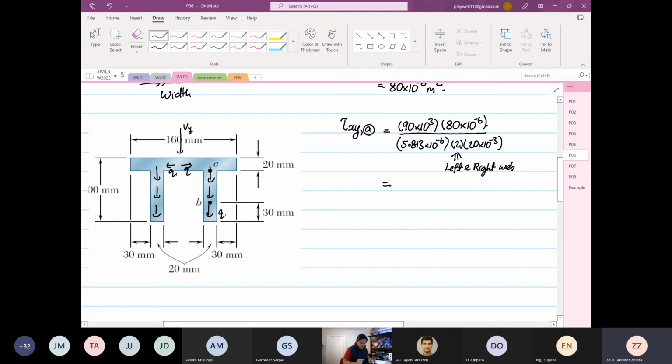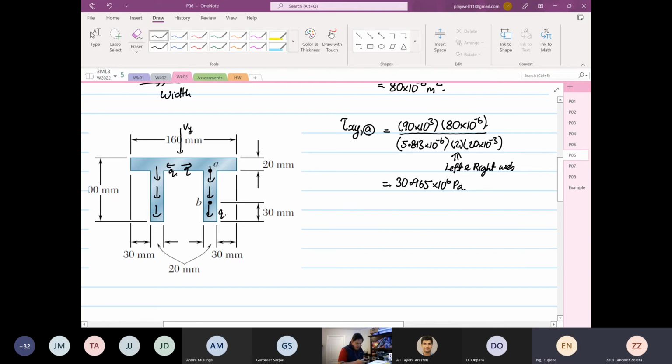Over here you have 90 times 10 to the power 3 times 80 times 10 to the power minus 6, divided by 5.813 times 10 to the power minus 6, divided by 2, divided by 20 times 10 to the power minus 3, is equal to 30.965 times 10 to the power 6 Pascal.